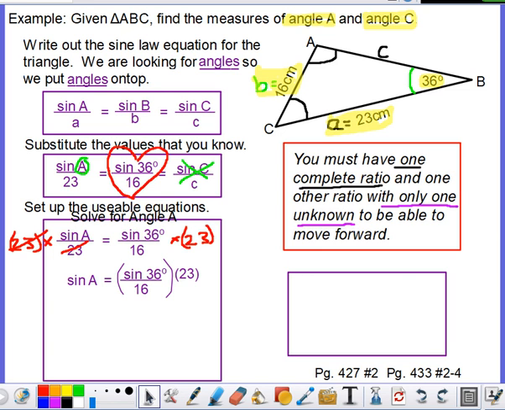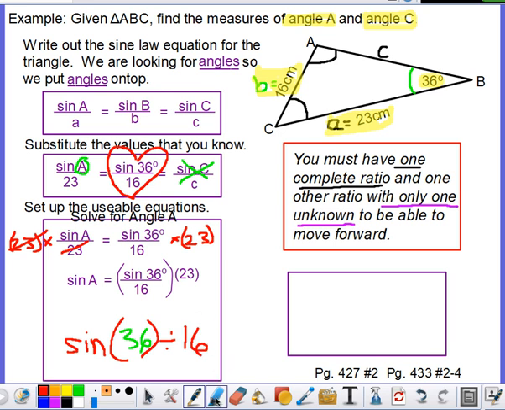Now, you're able to go into your calculator and type that in. So open bracket, sine 36 divided by 16, close the bracket. Have another look in your calculator. You want to do sine of 36, and if your calculator opens up sine with a bracket, when you type in 36, don't forget to close that bracket off, then put divide by 16.